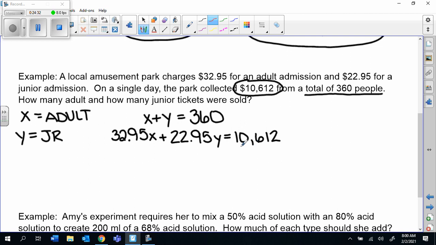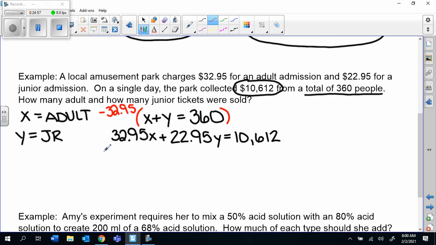All right, I am going to multiply this through by 100 to clear the, actually I didn't. When I solved this one out, I said, let me do one example where I don't clear the decimal, because if I add 2 zeros right here, this number gets pretty big. So I said, let's just keep the decimal in this one. You get to choose. You've seen me do these enough now where you can kind of choose that. So I am going to multiply everybody in the top by a negative 32.95. That sounds really gross.